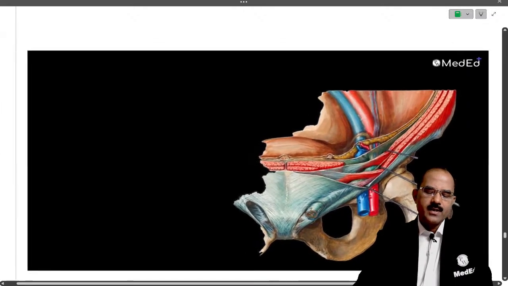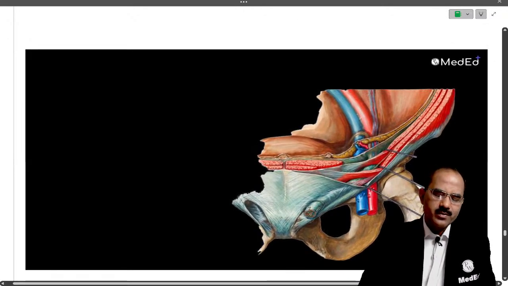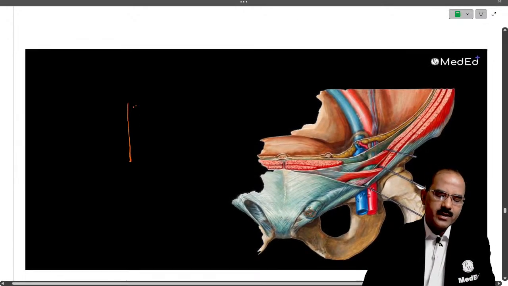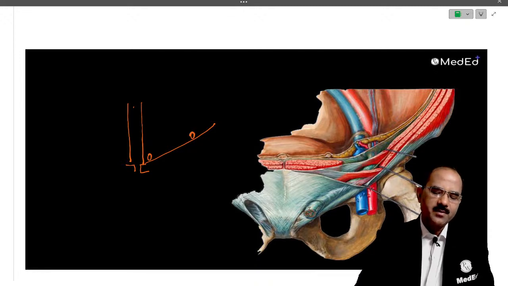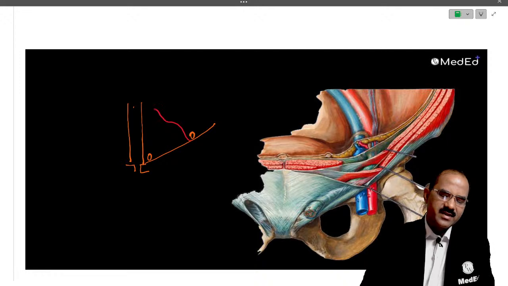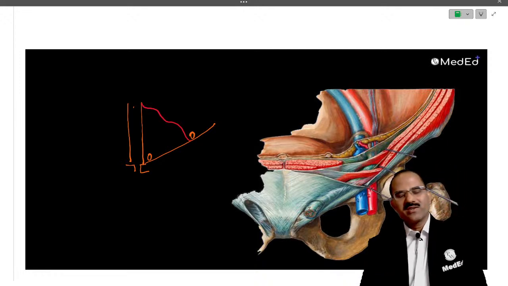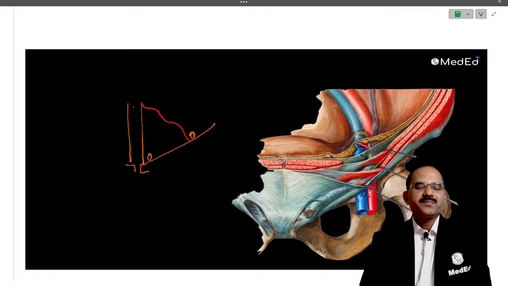Okay, fine. Now, bacha, I'll just draw something for you. Just have a look and quickly tell me. That's the rectus abdominis. This is the pubic symphysis. That's the inguinal ligament. This is the superficial inguinal ring. That's the deep inguinal ring.